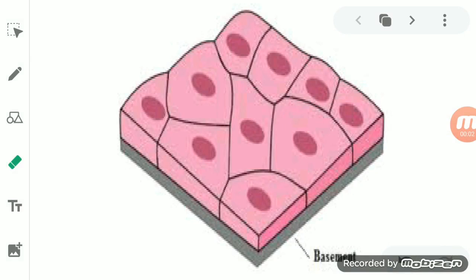So we had discussed earlier that epithelial tissue is basically classified into 2: simple epithelial tissue and stratified epithelial tissue.